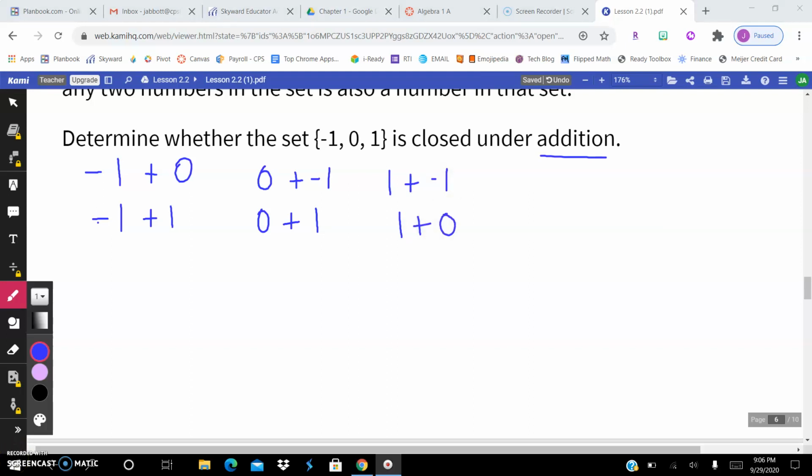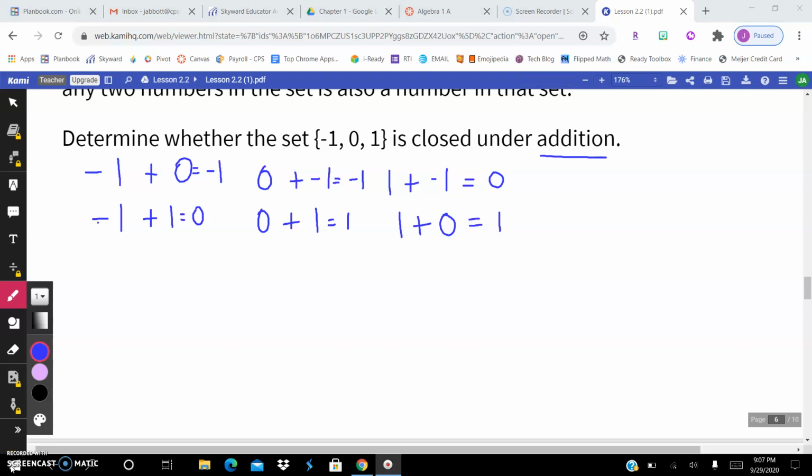If I go through and actually figure out the answer to all of these, that's negative 1, that's in my set. Negative 1 plus 1 is equal to 0, that's in my set, so that's good. 0 plus negative 1 is negative 1, that's in my set. 0 plus 1 is equal to 1, that's in my set. And 1 plus negative 1 here is 0, that's in my set, and 1 plus 0 is going to give me 1, and that's in my set.